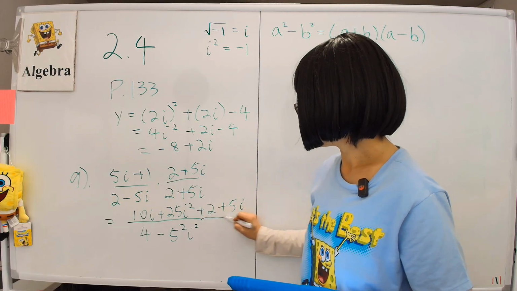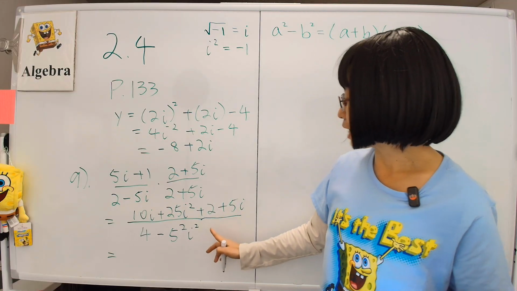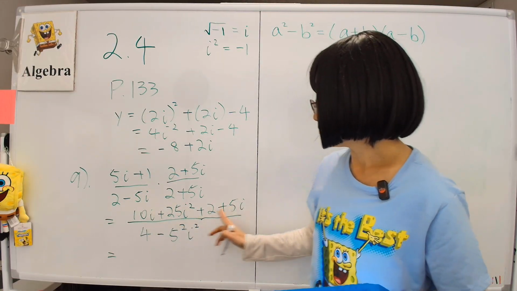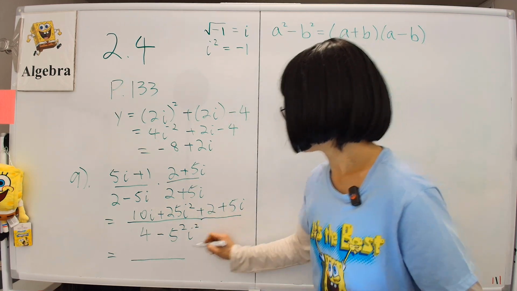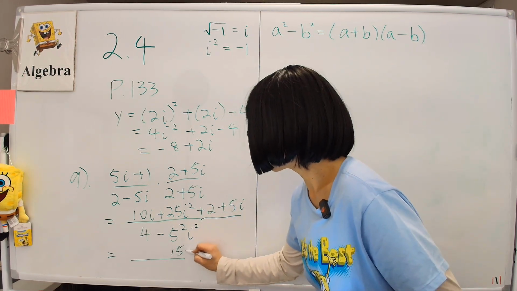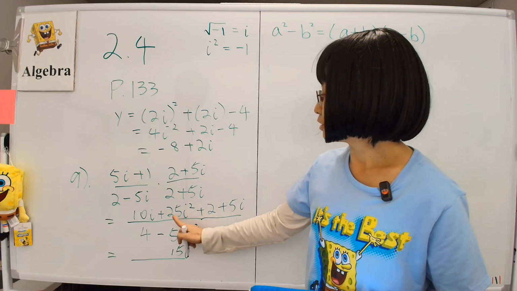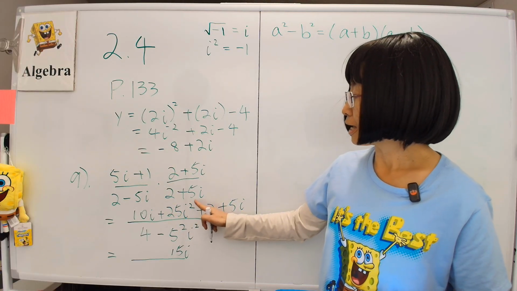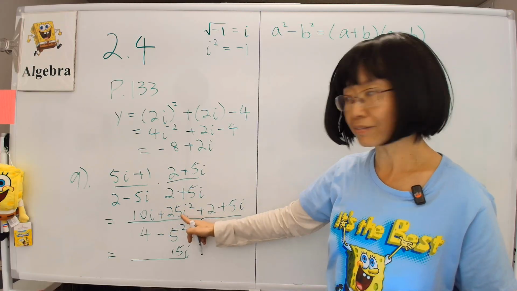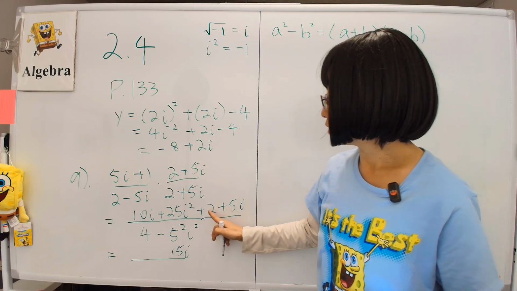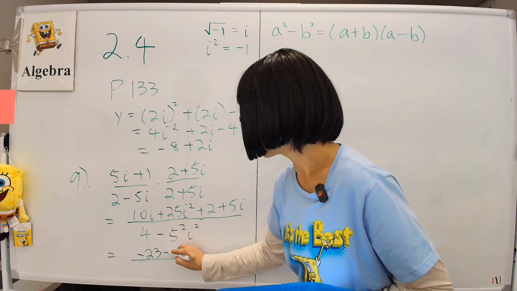I'll make my division line a bit longer. All right, so then we have to add this up. We have 10i plus 5i, that is equal to 15i. And this 25i squared is just negative 25, so it switches the sign, and then plus 2, it becomes negative 23.